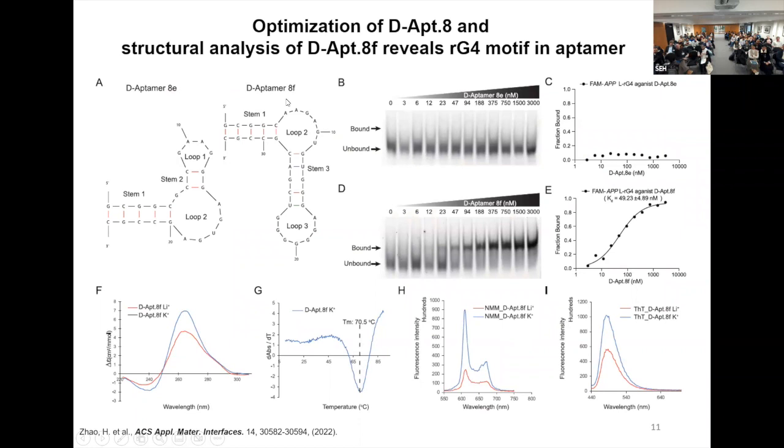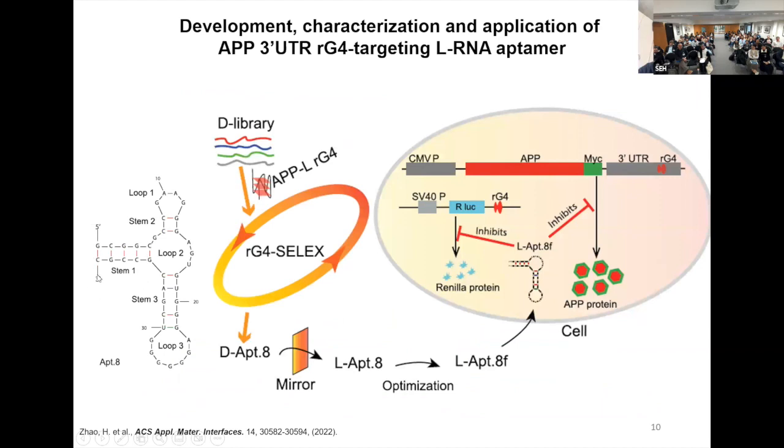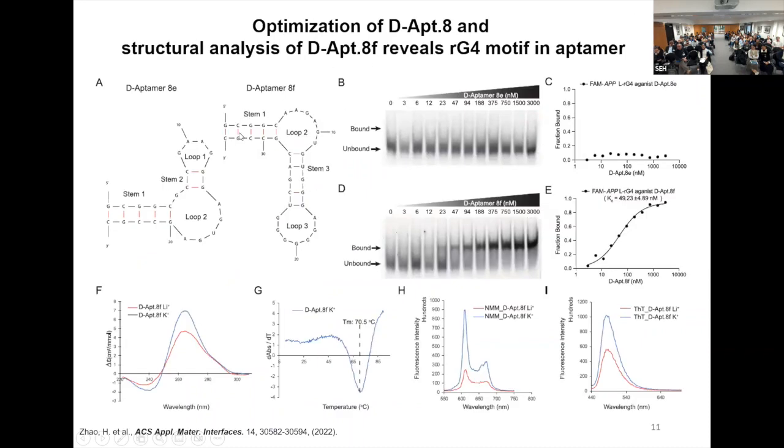Obviously we do 8A to 8D and so on. 8E, shown here, doesn't bind. 8F binds. This shortened aptamer 8 from 39 nucleotides down to 33 nucleotides. The KD is shown here, 49 nanomolar, which is acceptable, not very great, but I think it's reasonable.